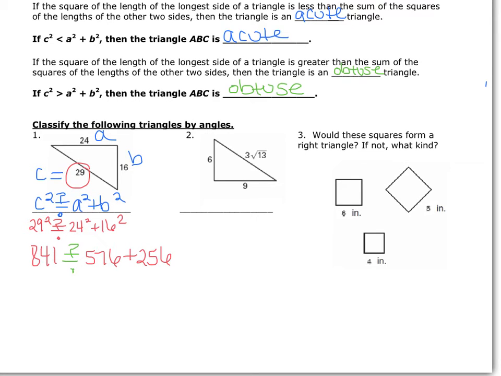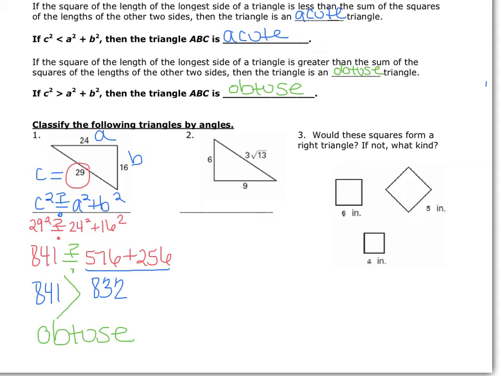So we're going to combine our like terms over here. 576 plus 256 gives us 832. So how does that hypotenuse compare to the legs? The hypotenuse is greater than the legs. So if the hypotenuse is greater than, you're going to form an obtuse triangle.